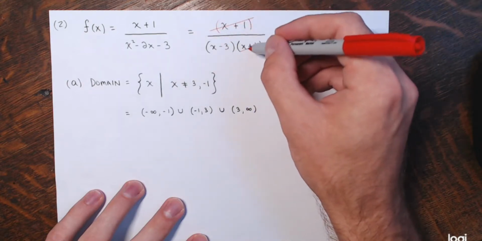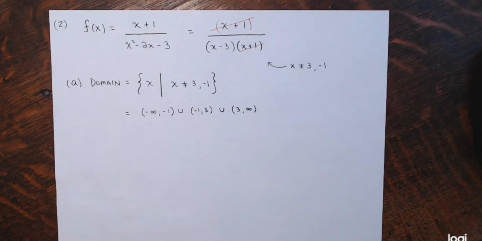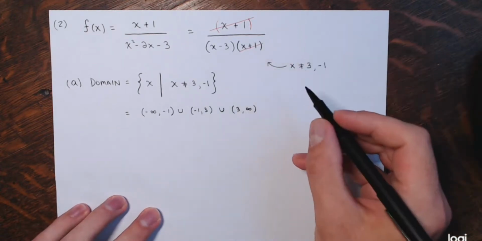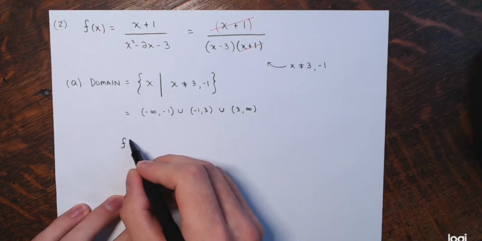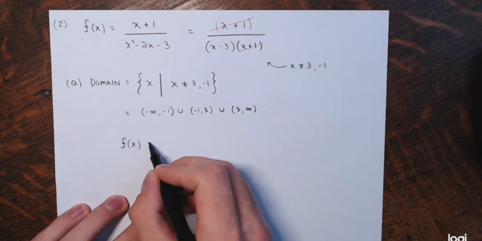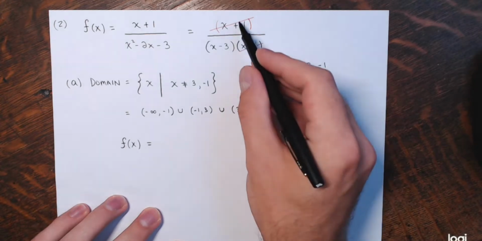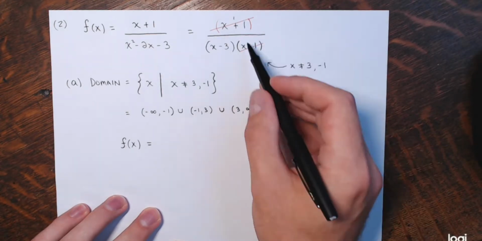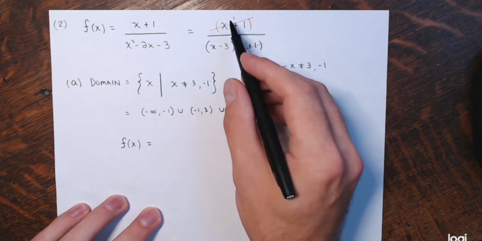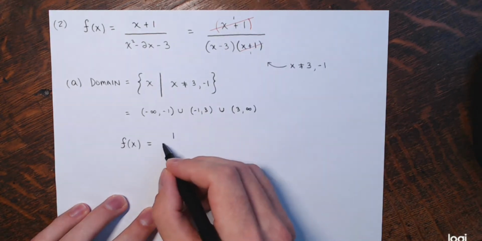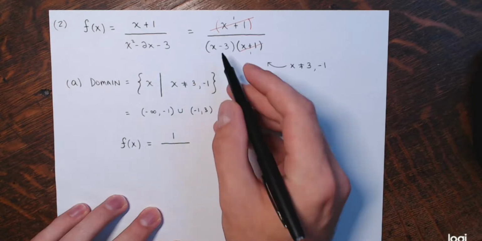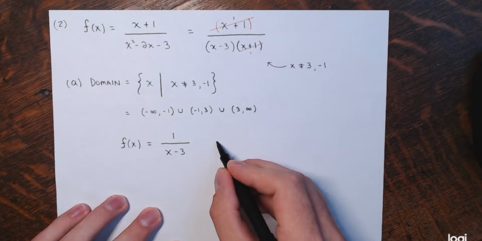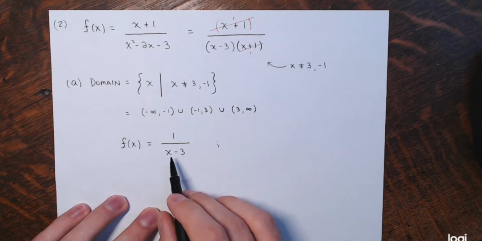So I can cancel some common factors here, and we can say that f of x is equal to, and remember when common factors cancel, they become the number 1. Anything divided by itself is 1. And I'll be left with 1 in the numerator divided by x minus 3 in the denominator. But just again, be careful.